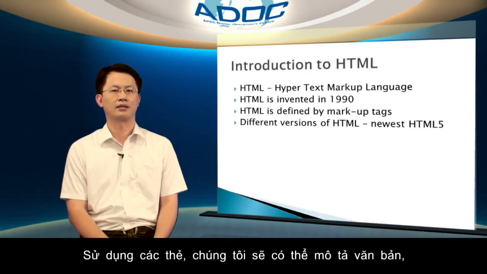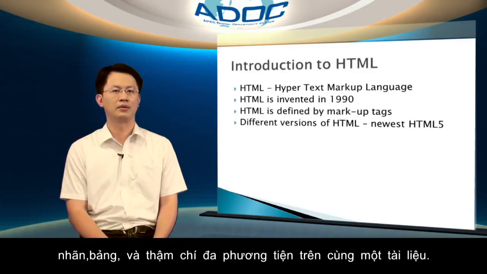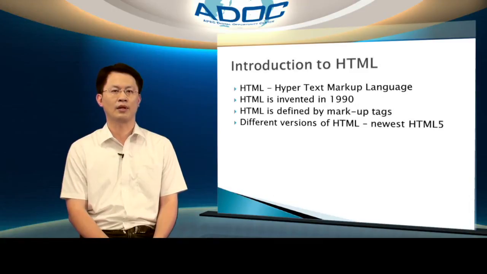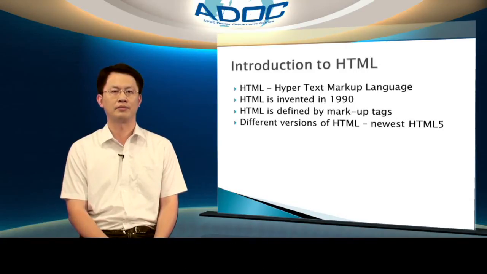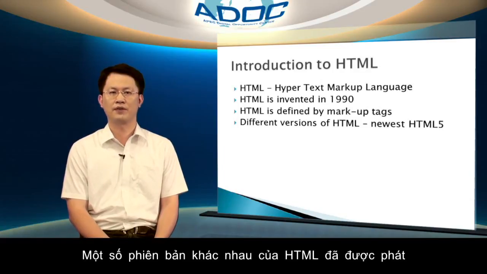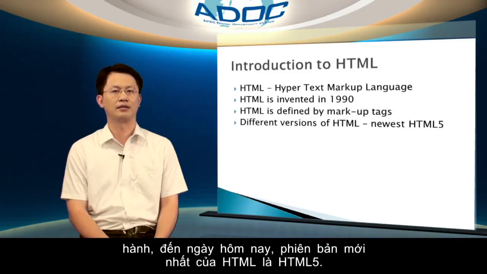Using those tags, we will be able to describe text, labels, tables, and even multimedia in the same document. And the web browsers can interpret your HTML code and present it on the web. Several different versions of HTML have been released until today.